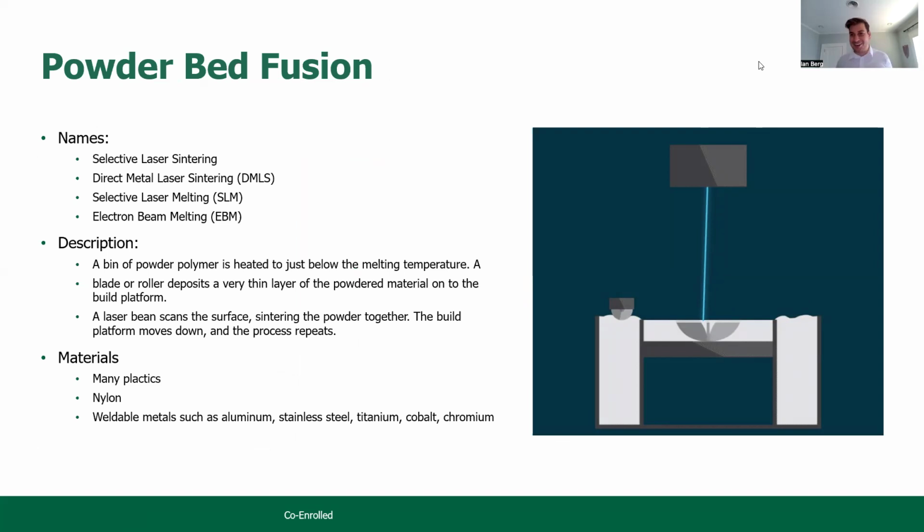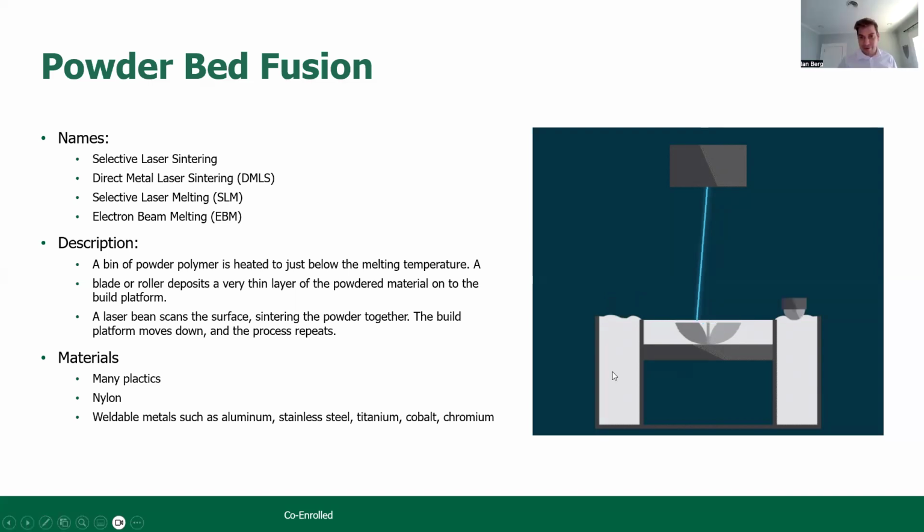They typically use a laser, but it's almost like a meeting between the last two that we've introduced. So this one, powder bed fusion, has names like selective laser sintering, direct metal laser sintering, selective laser melting, electron beam melting. But in this one, instead of having a spool of plastic filament or a vat of liquid, you have a bin of powder. And that bin of powder is sitting in a vat, heated to just below its melting temperature.